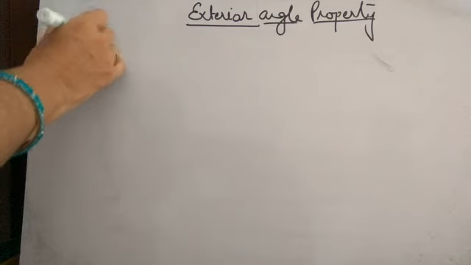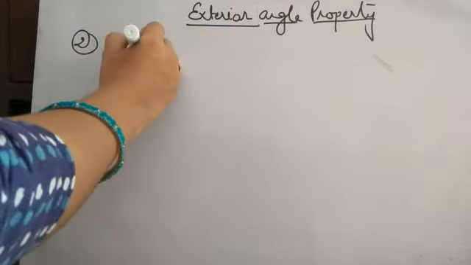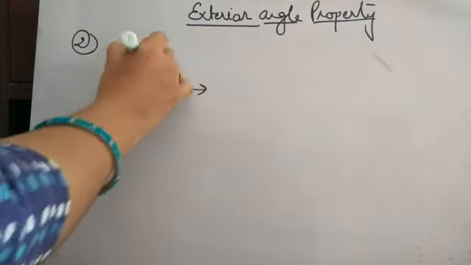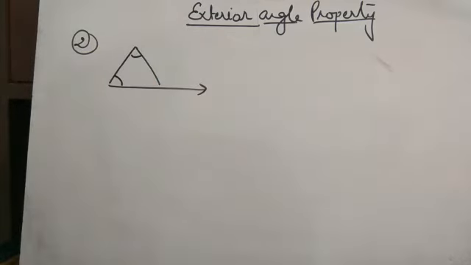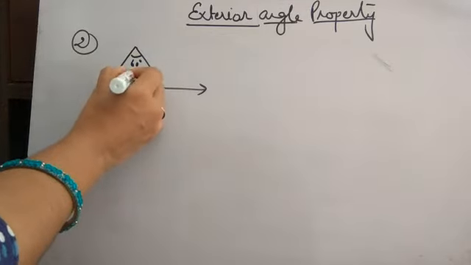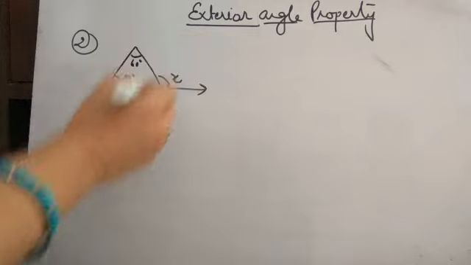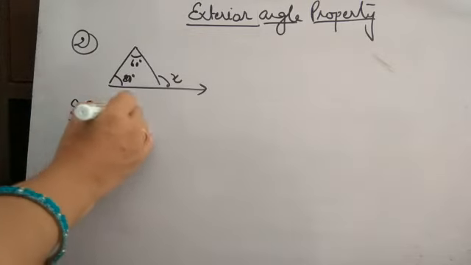The next question now. The two interior opposite angles of an exterior angle of a triangle are 60 and 80 degrees. Find the measure of the exterior angle. Again, I told you, you need to draw the figure first. You have to find the measure of this exterior angle.